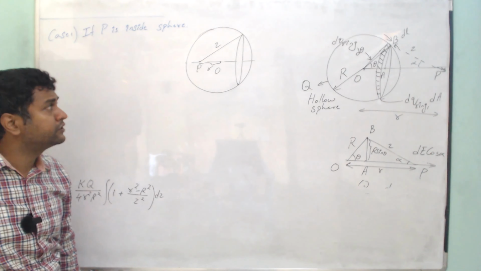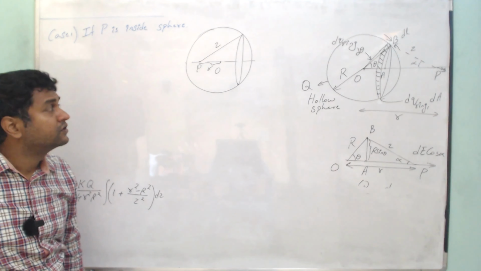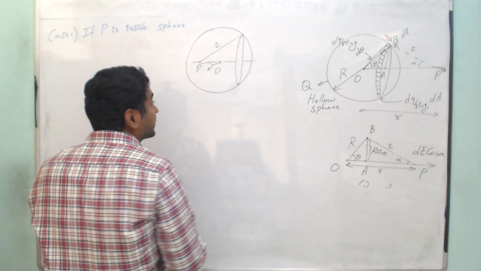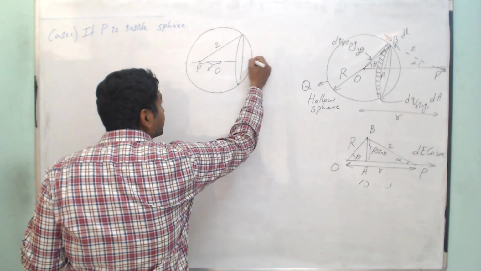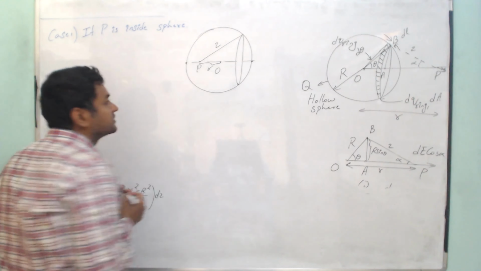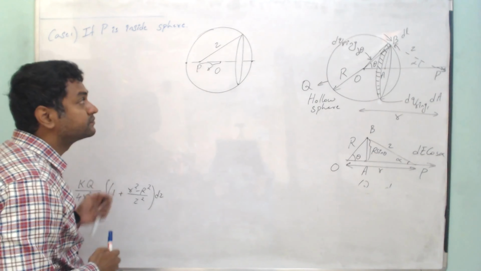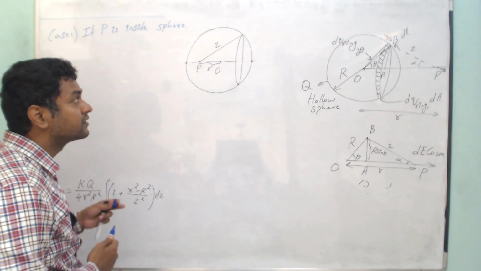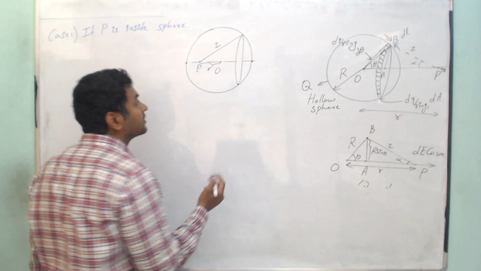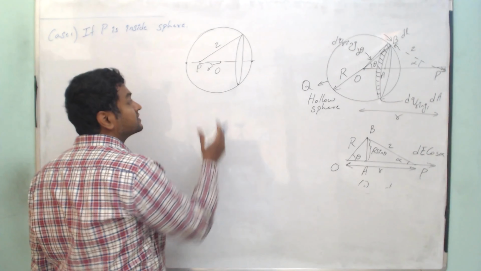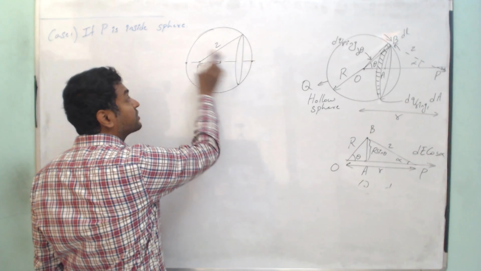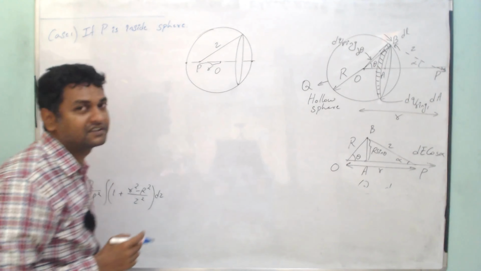So for point P inside, what will the limits of Z be, starting from the rightmost point to the leftmost point? Minus R to R, or we can take 0 to R.